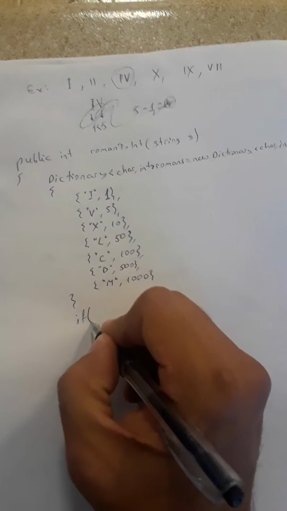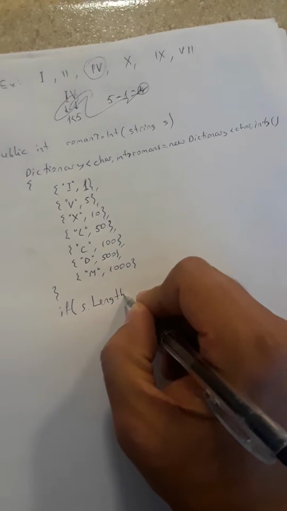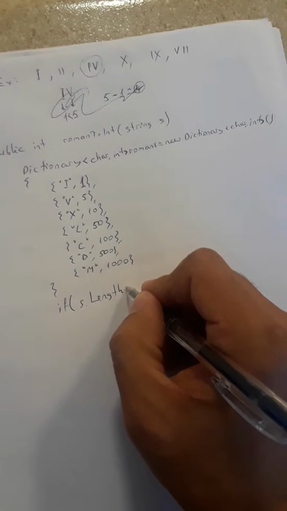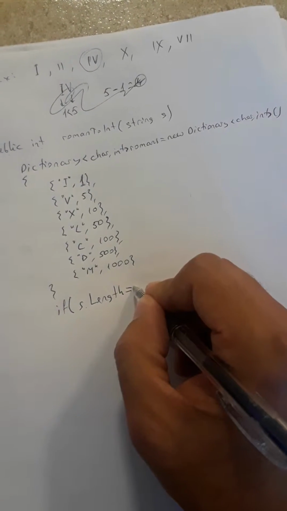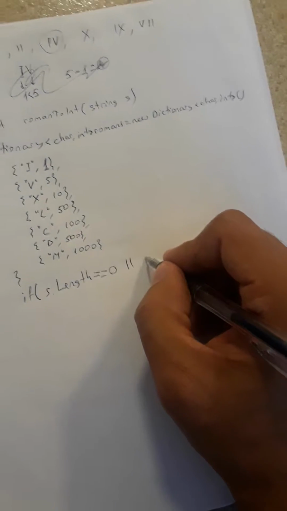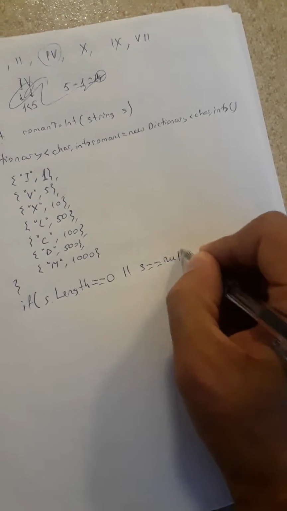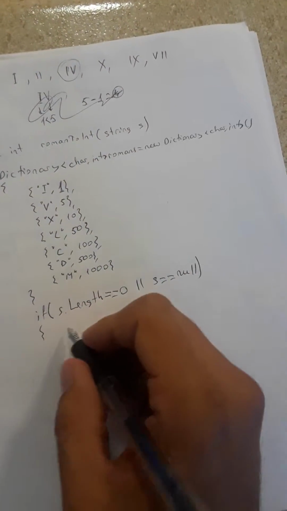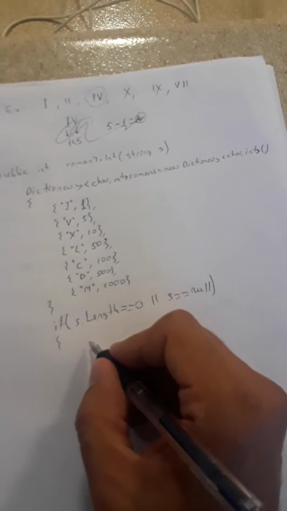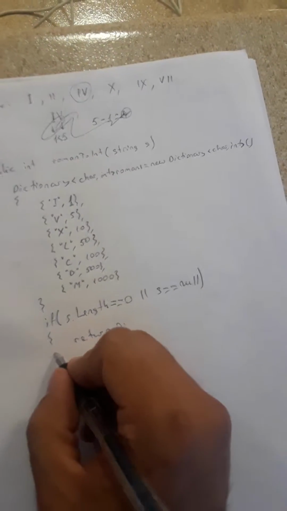At the beginning we are just checking if we have anything in our string. So if the string is null or the string length is 0, we'll just return 0.